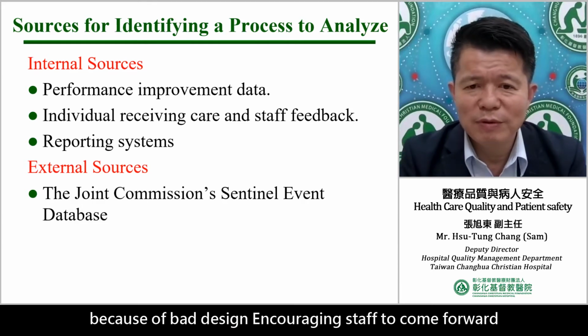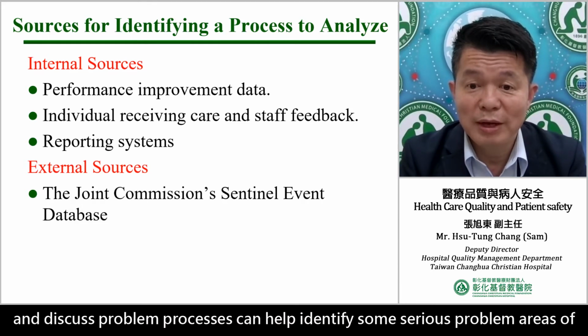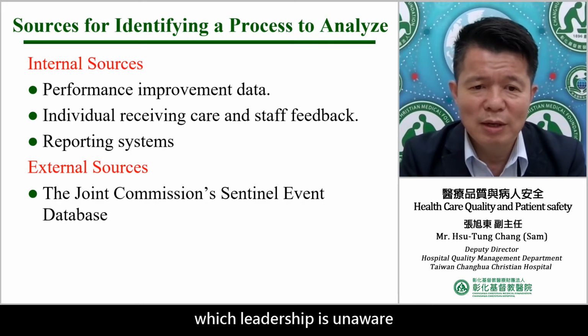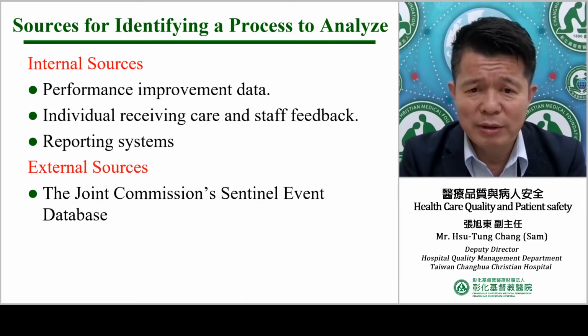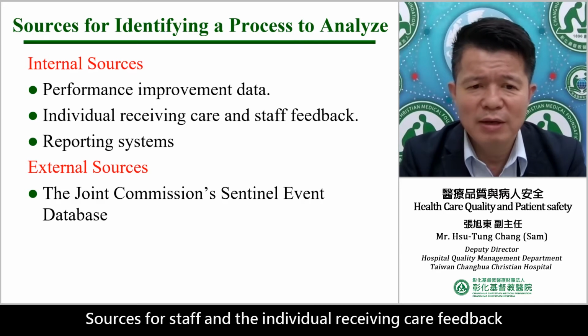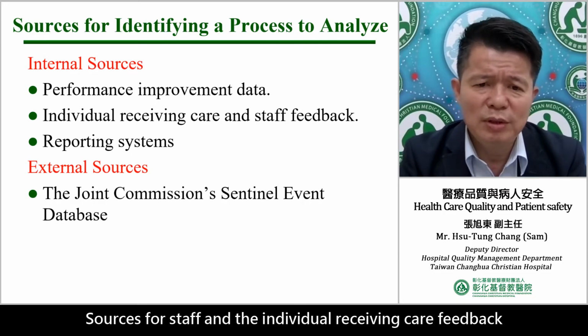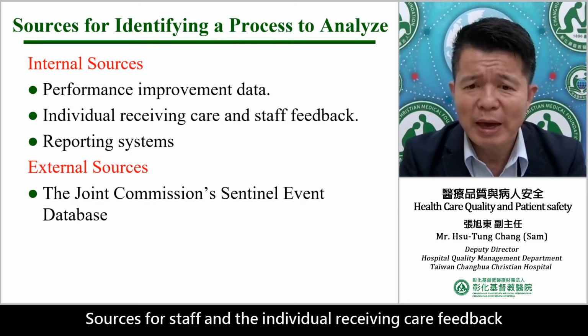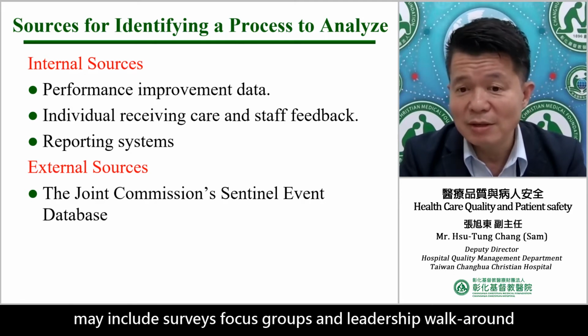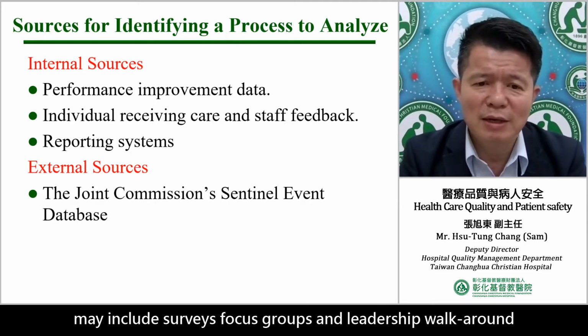Encouraging staff to come forward and discuss problem processes can help identify some serious problem areas of which leadership is unaware. Sources for staff and the individual receiving care feedback may include surveys, focus groups, and leadership walkarounds.